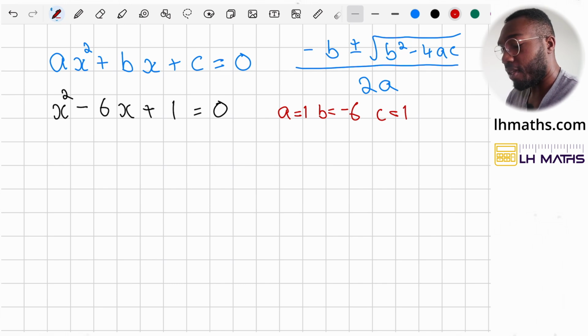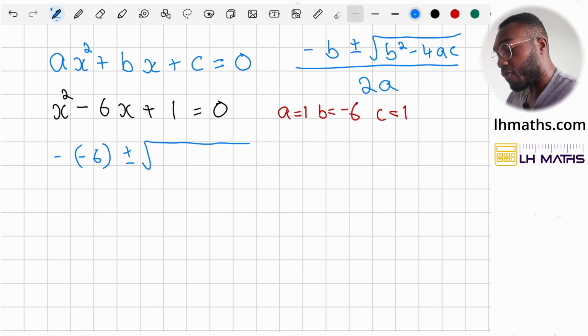And then we can just put that in now to the quadratic formula. So we have minus 6, okay, because b is a minus 6, plus or minus the square root of minus 6 squared minus 4 times 1 times 1, and that is over 2 times 1, okay?